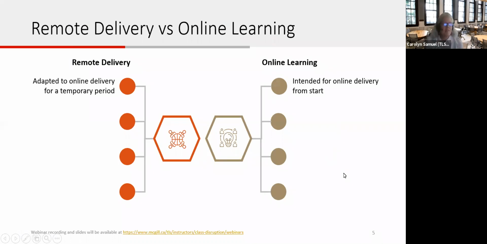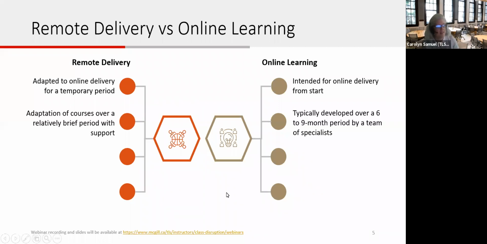Remote delivery, that's what we are doing. This is our current context. We're adapting our courses for online delivery for a temporary period. Whereas online learning, or courses designed specifically for online learning, are intended to be that way from the start, and they go through a different design process.